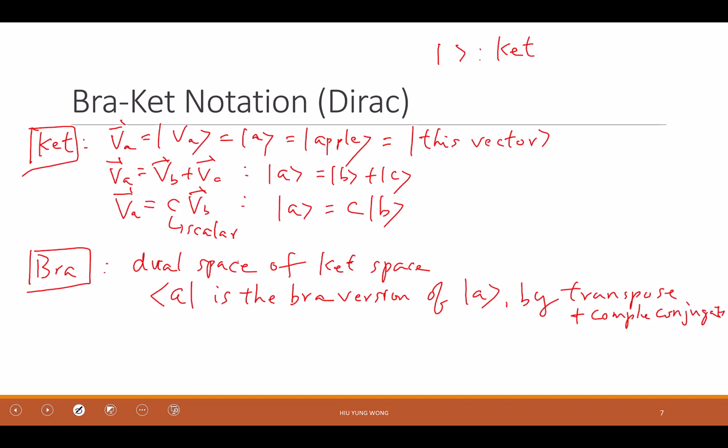Right? The easiest way is to take a look at an example. Okay? For example, if VA equals (A, B). I know I have two A's, but it should not be confusing. What is the component of the first basis vector?